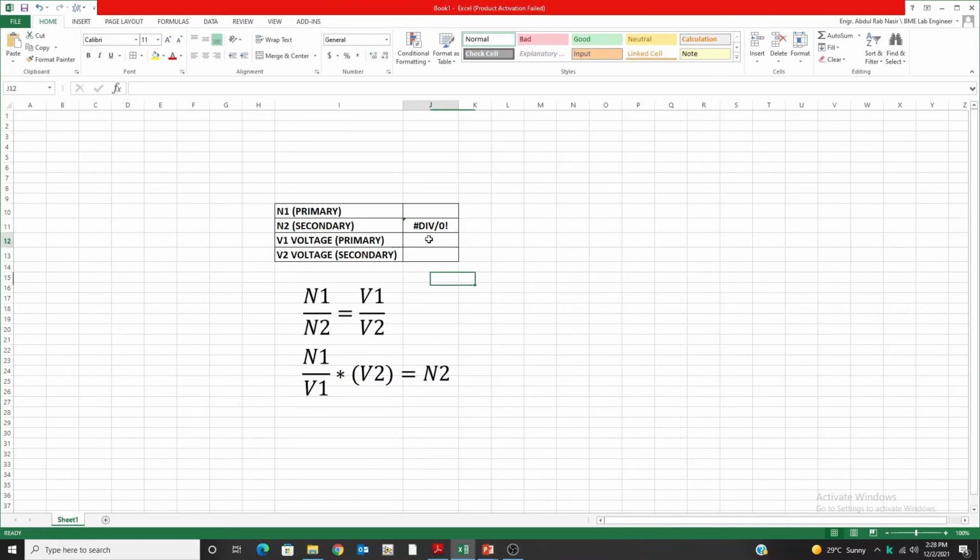Our required voltage is 20 volts, and our primary voltage, which is the input voltage, is 220, and the primary windings will be something like 100. So we need 10 windings on the secondary side to get a 220 step down transformer.